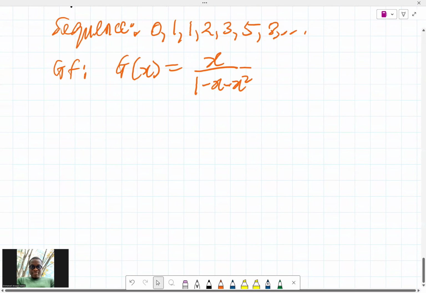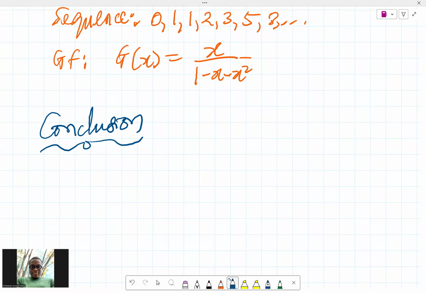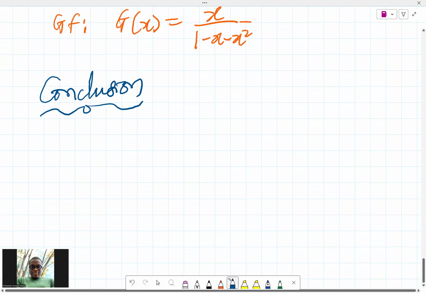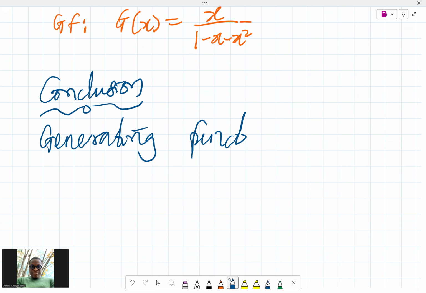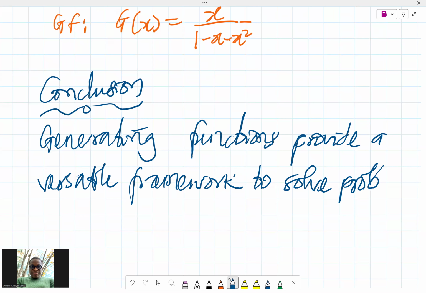Then in conclusion, generating functions provide a versatile framework to solve problems involving sequences.